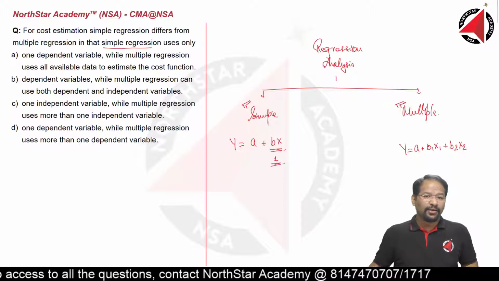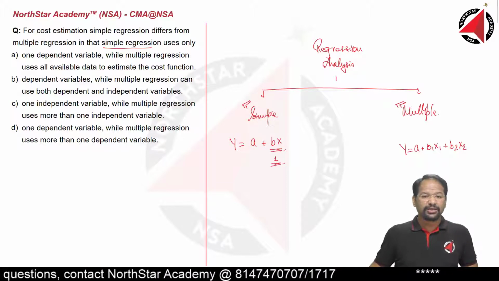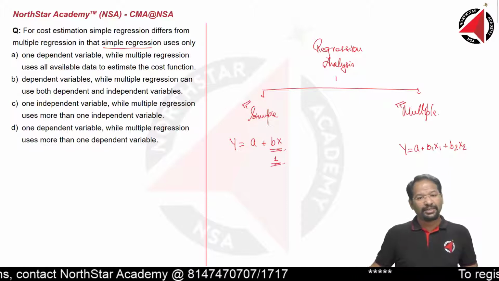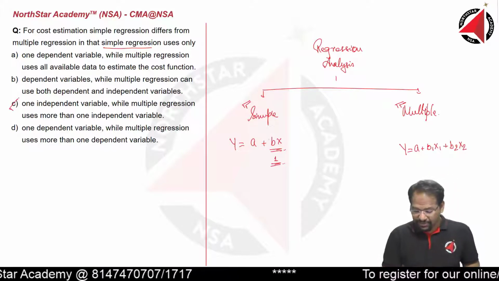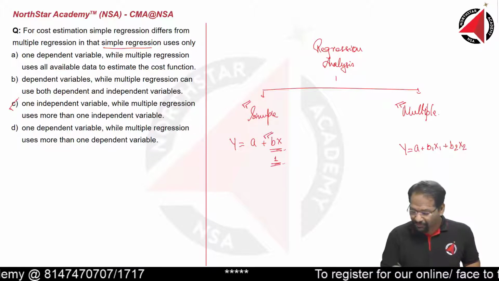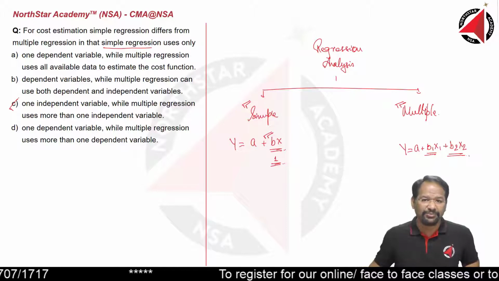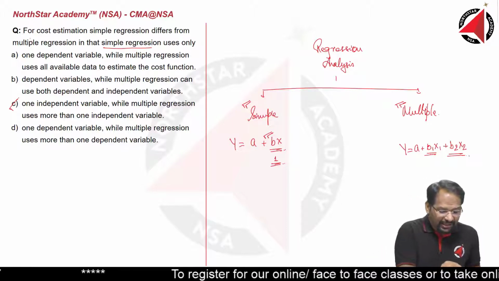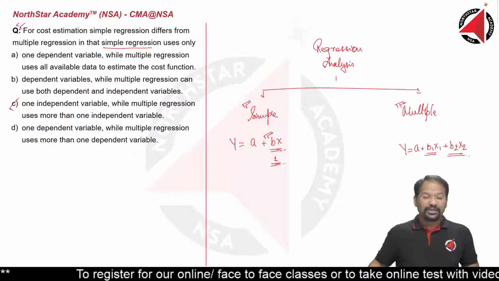Option C says simple regression uses one independent variable, while multiple regression uses more than one independent variable. This option is a correct option. Like I said, simple uses one independent variable, whereas multiple uses more than one independent variable. If you are getting confused with the question, at each option start reading from the first part of the question. It will resolve that confusion.